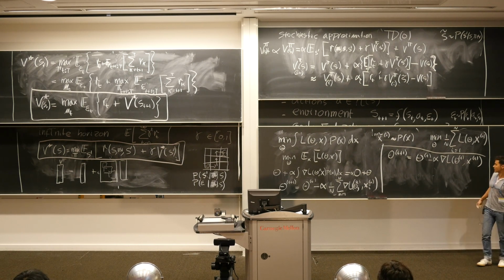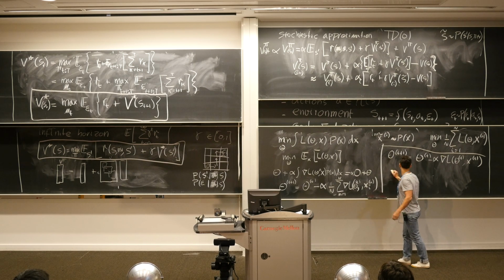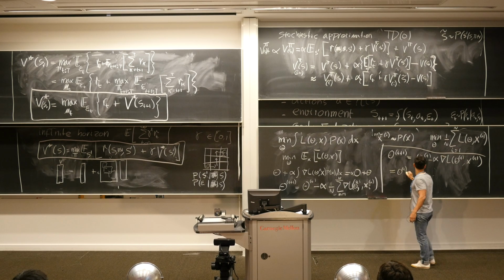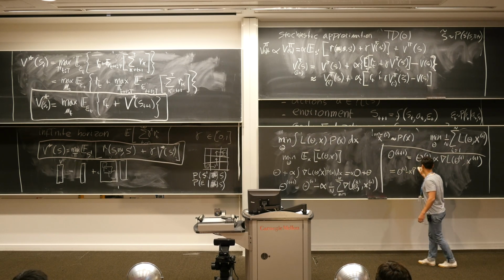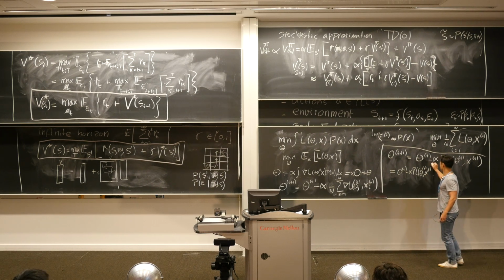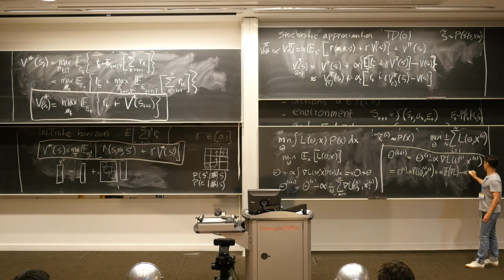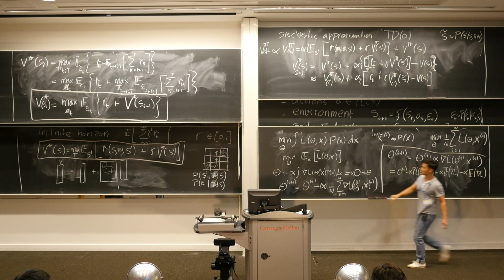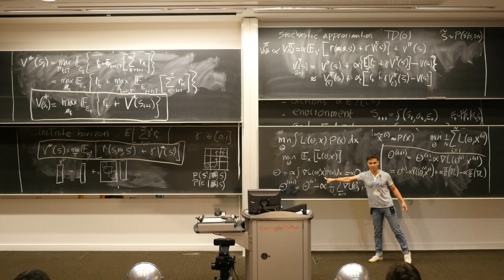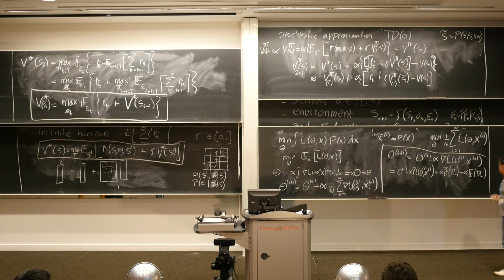Now, why does this make sense? Let's make this equal to theta t minus alpha grad L theta t comma xt. And I'm going to add to this alpha times the expectation of the gradient of L, minus alpha times the expectation of the gradient, the expectation of the gradient being this expression here, the true gradient.